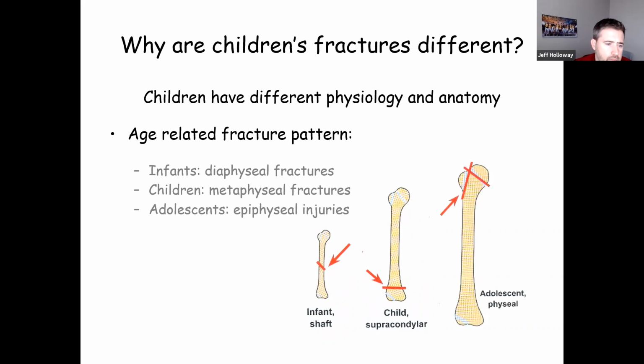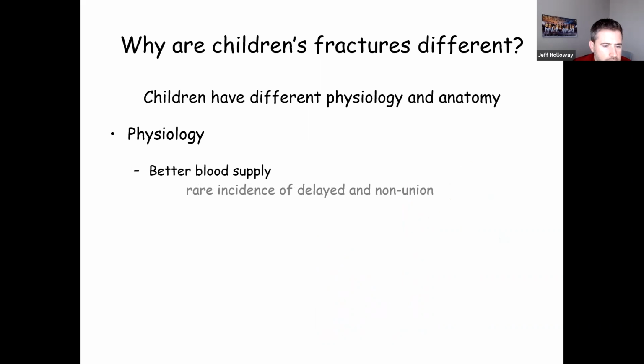And adolescents get more of the epiphyseal, physeal injuries. And again, this is just in general, so understanding this pattern, when you have a kid, you know where to look. But obviously they can cross over and aren't mutually exclusive. A better blood supply means you don't have to worry much about delayed or non-unions like you do in older people.